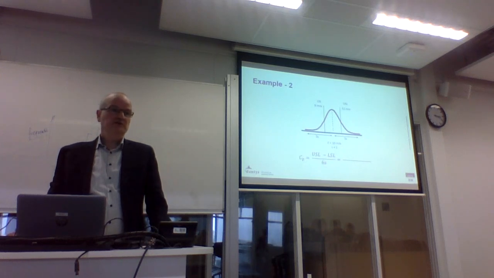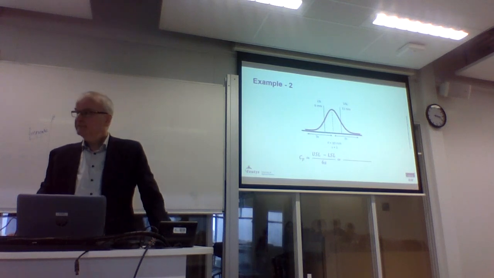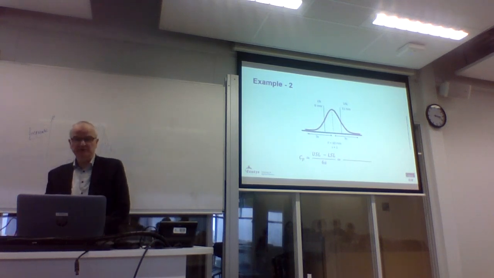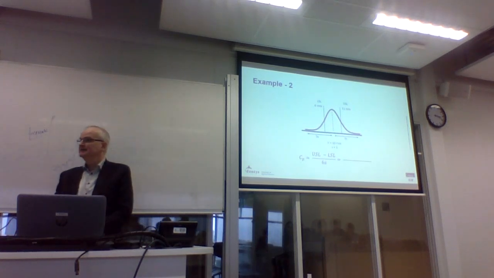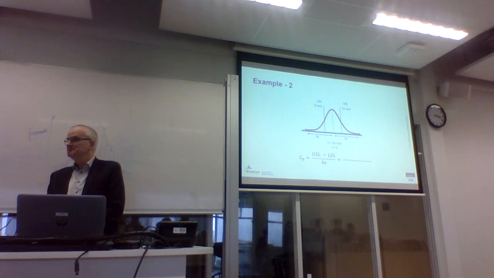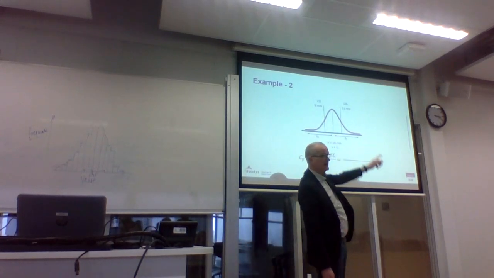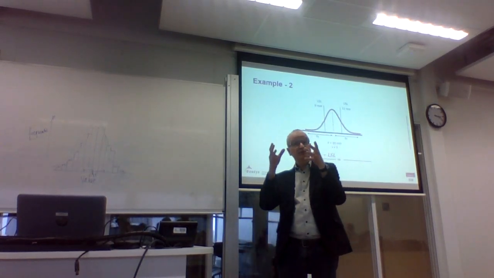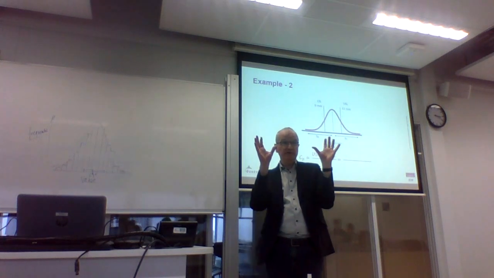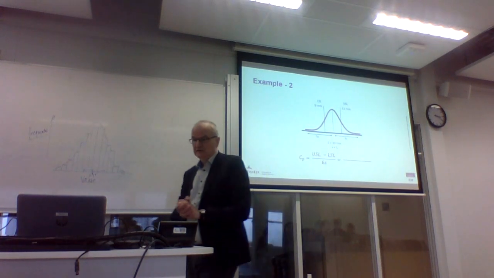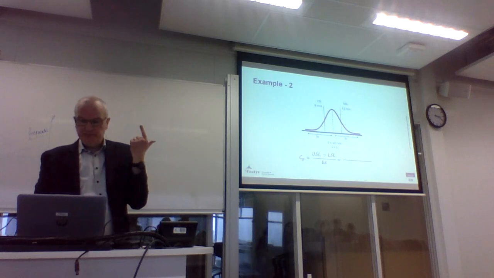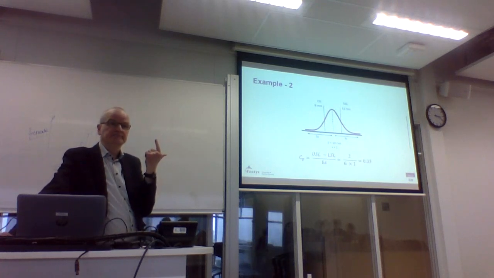What if my specifications would be this? If my specifications are between 9 and 11, I only accept between 9 and 11, and they have the same process, right? I didn't change the process. Same process. So what is the CP now? Well, the CP now is only 0.33.